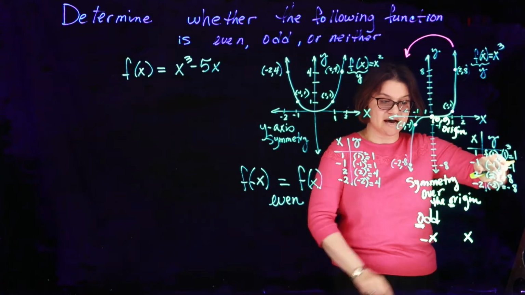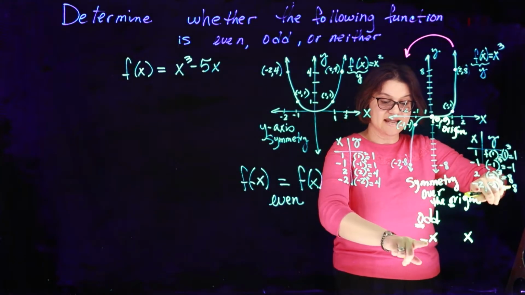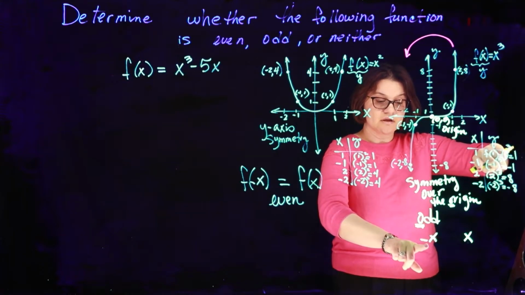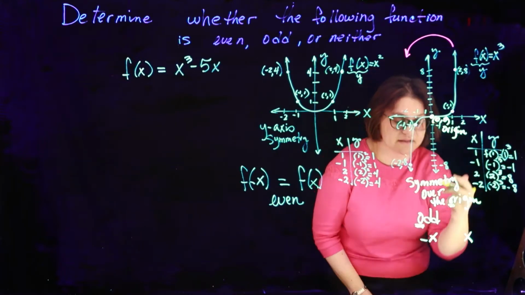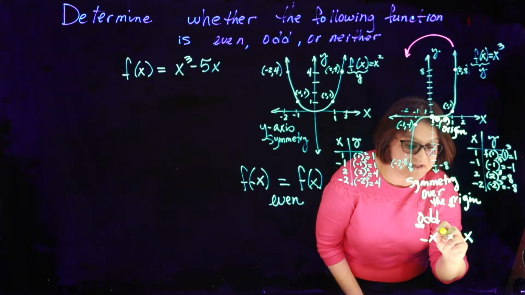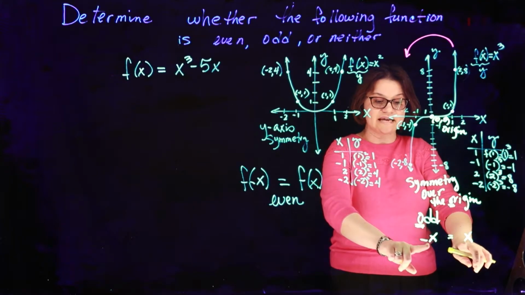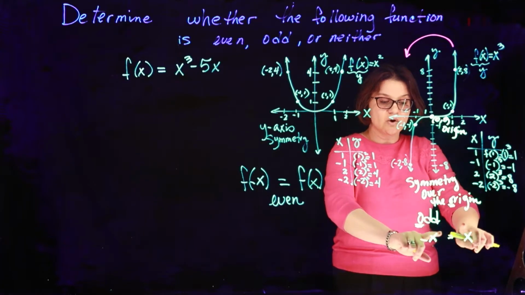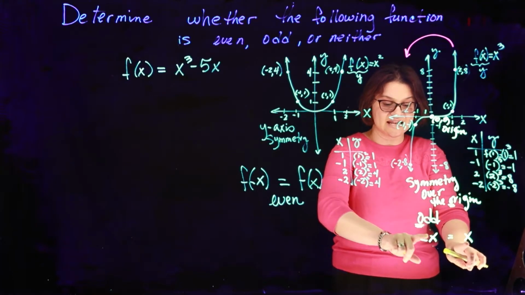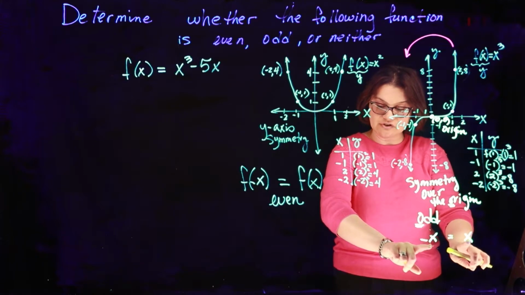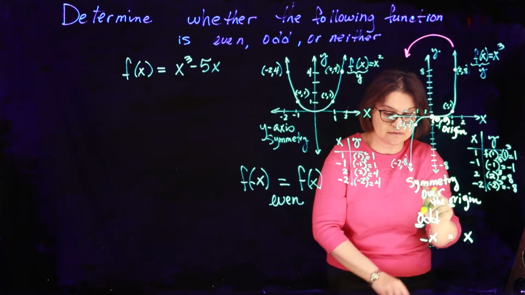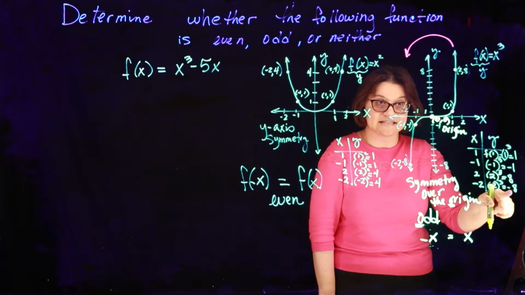Here, when I take a positive x and a negative x, let's see what happens to the function values. Something must happen to the function values, right? So we're going to have to determine what happens to the function values when I substitute a positive x and a negative x. The function values go something like this. Notice, when I substitute a negative, I'm going to get a negative output, right?